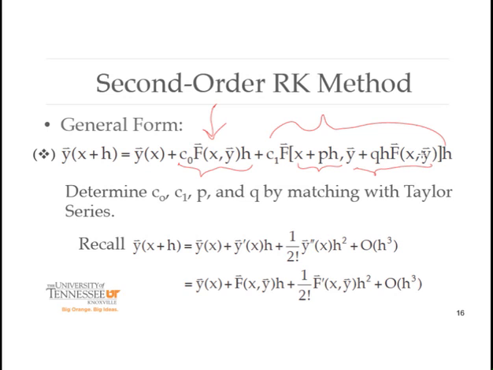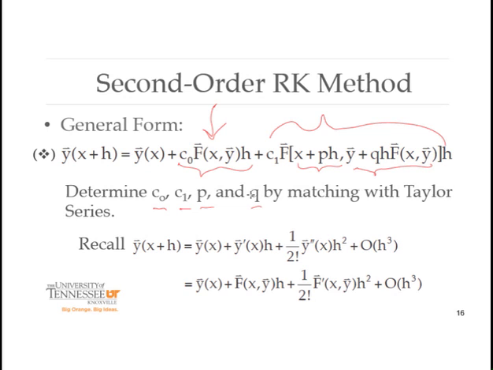So this is the form of what's called a second order Runge-Kutta method. This is what they generally look like, and they're separated by different values of what the C0, C1, P, and Q are. And we determine those by matching a Taylor series representation to this particular form.